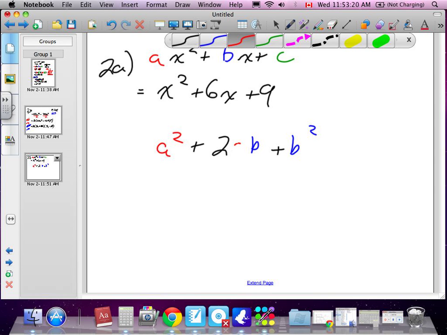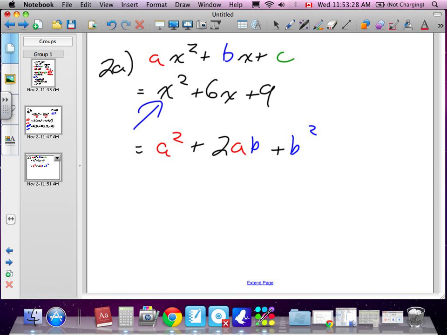So in a perfect square trinomial, our first term is a perfect square, hence our a squared. Our last term is a perfect square, hence our b squared. And the middle term can be found by finding the square root of a, the square root of b, and multiplying it by 2. So in other words, a times b times 2. Okay? And if that's the case, we can write it in a special factored form.